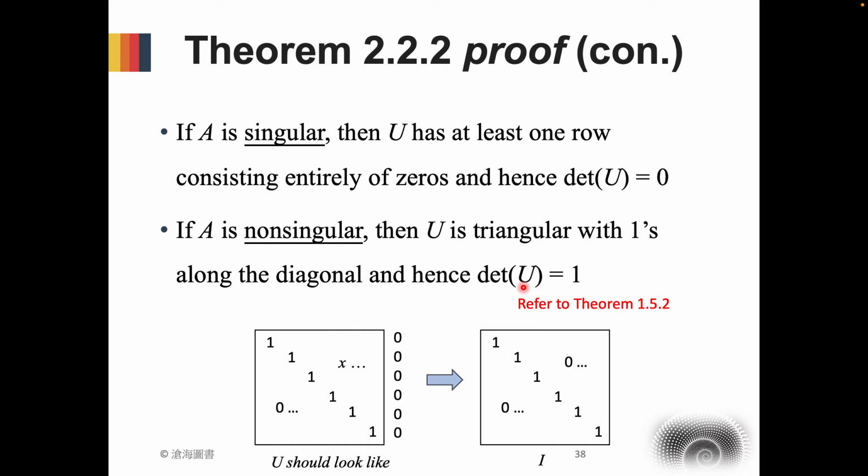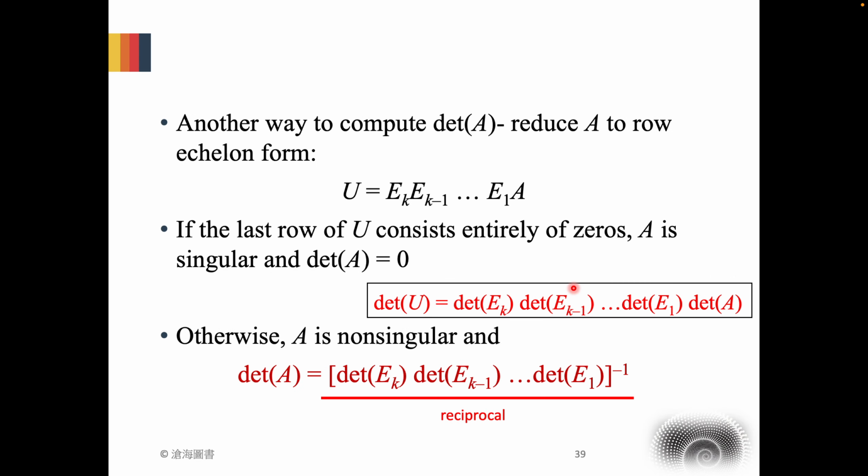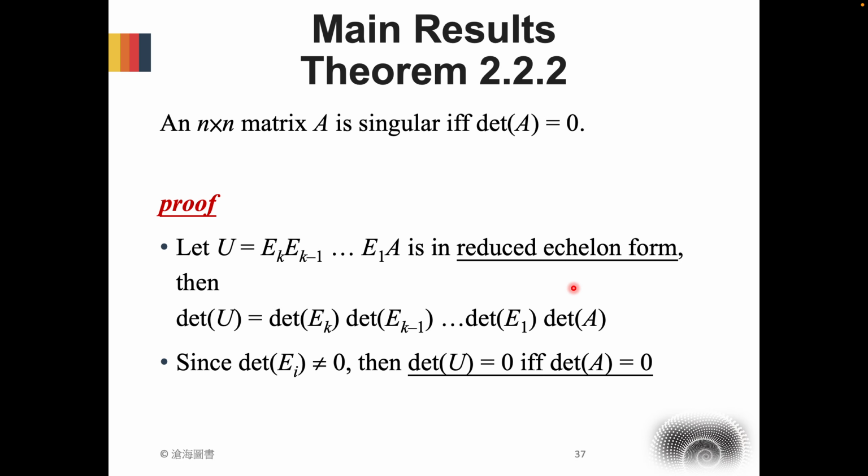So the determinant of U is equal to 1. So this is how we prove Theorem 2.2.2: an n by n matrix A is singular if and only if determinant A is equal to 0.